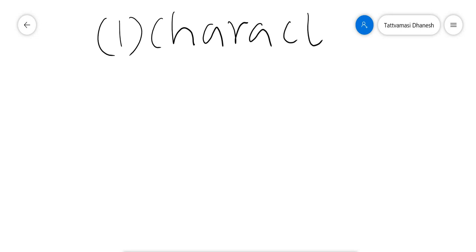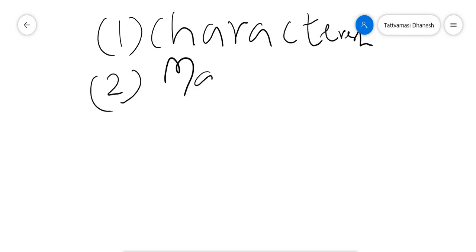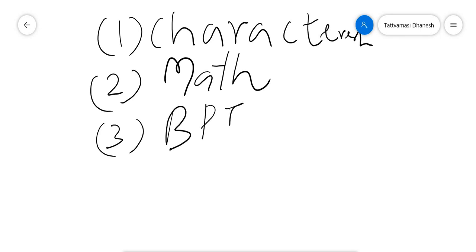First, what are the characteristics of a recurrent neural network. Second, the math behind recurrent neural networks. Third, backpropagation through time, training the recurrent neural network.